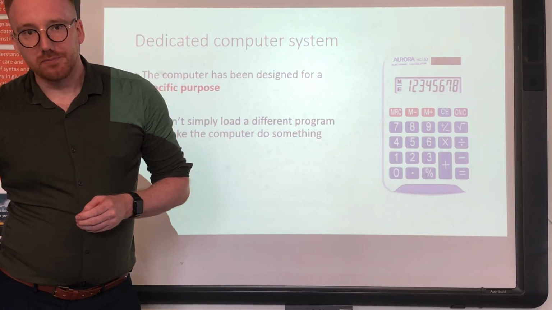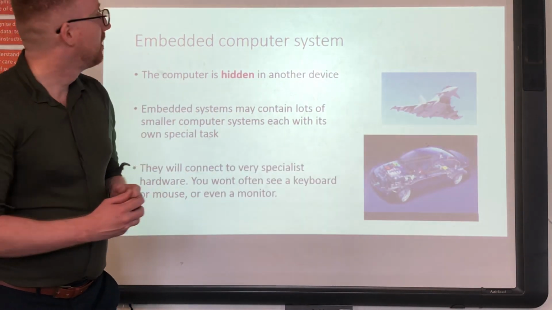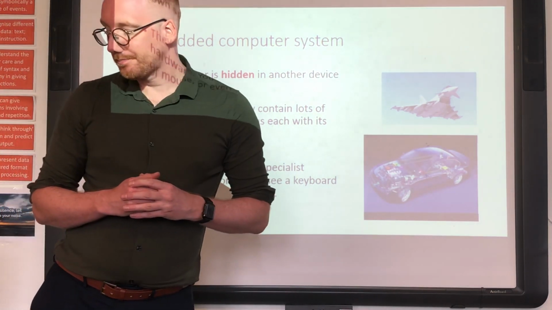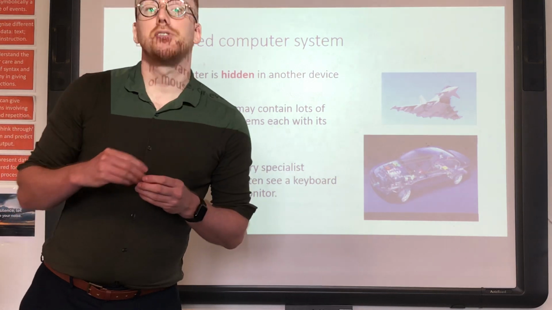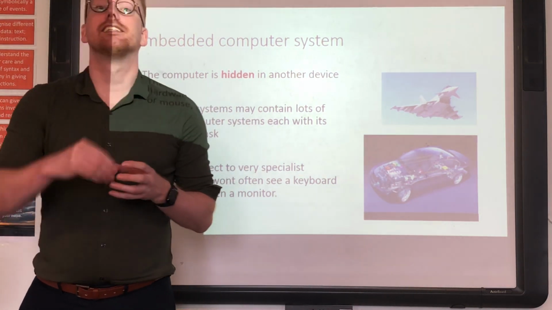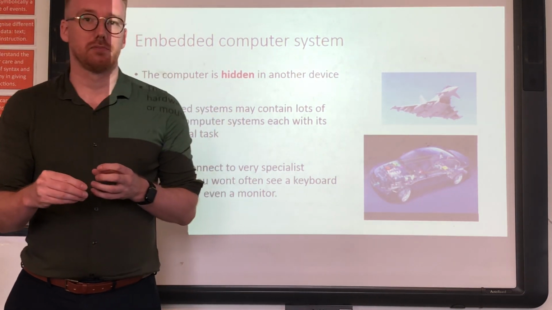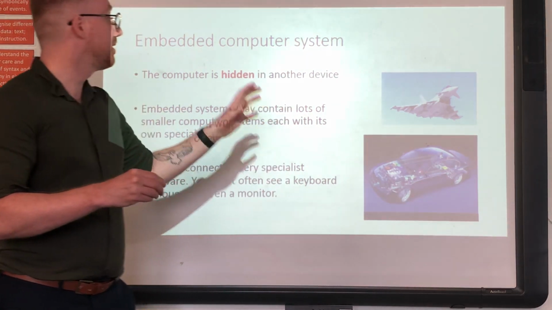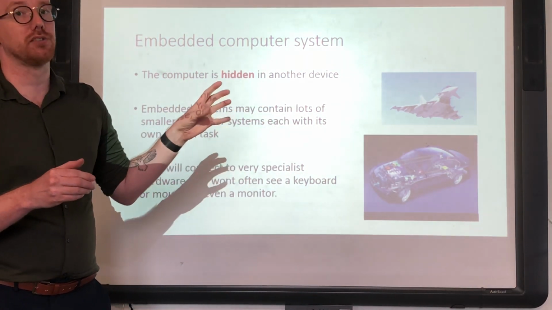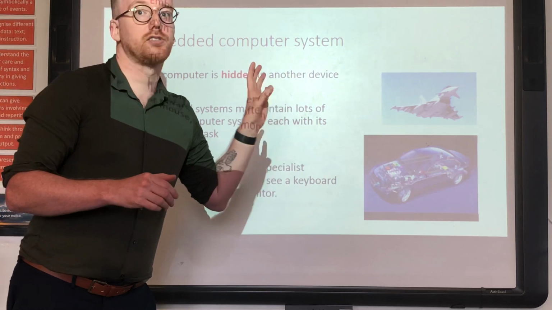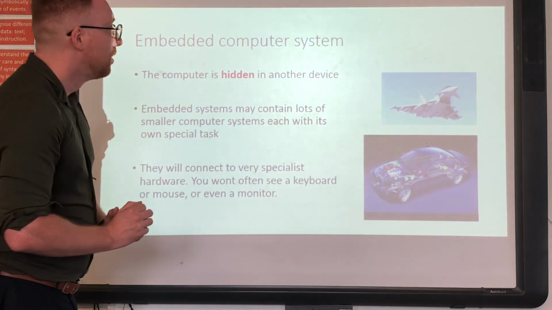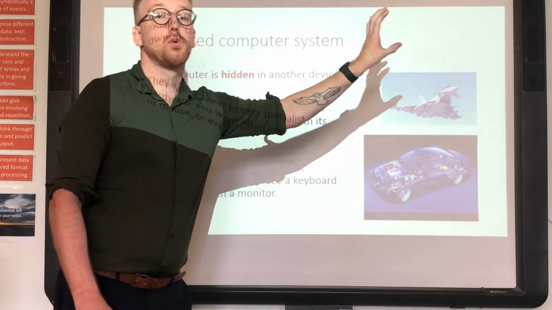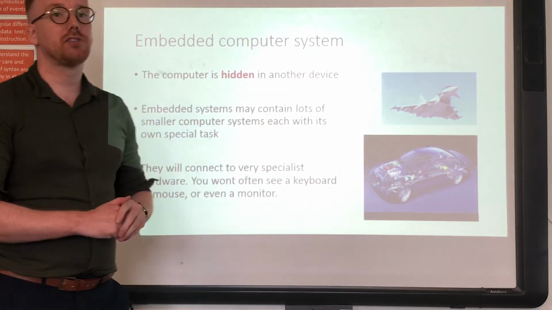That's linked in to this idea of an embedded computer system. If we've got something that is embedded, it means that the computer system is hidden in another device. So here we're looking at something that does not look like a computer system. You typically can't see the conventional keyboard, monitor, mouse. So something like a fighter jet would be an embedded computer system.